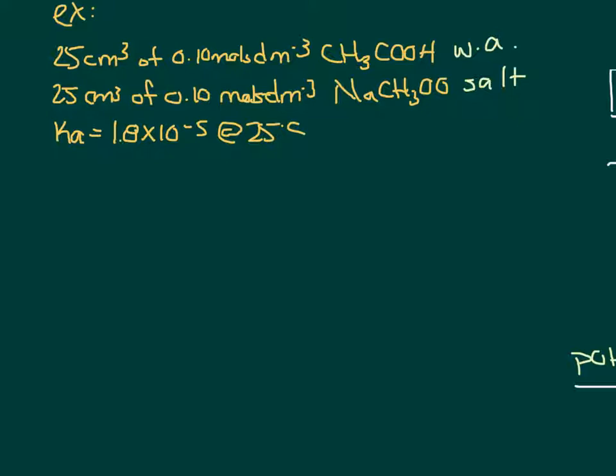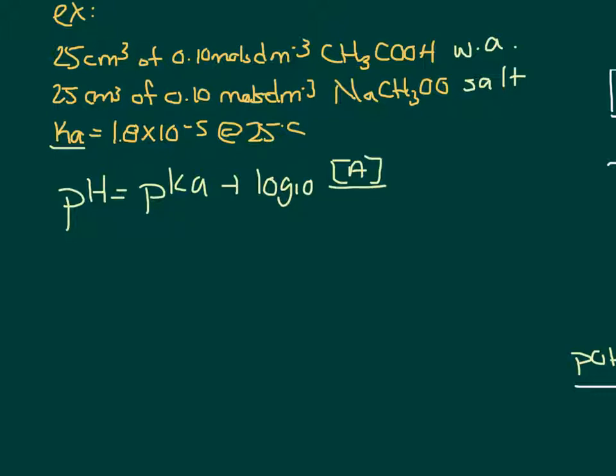Remember, we need to know that it's at 25 degrees Celsius, otherwise that Ka value is affected. All right, we just looked at the calculation which we want to perform. Here we have A. So we are going to have our pH equals pKa plus the log base 10 of, not our acid, our salt over our acid.